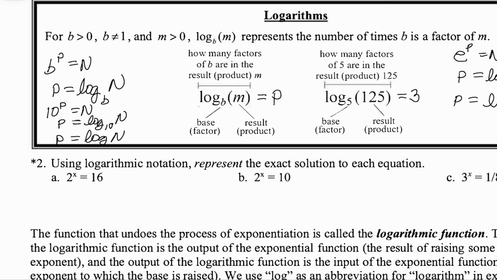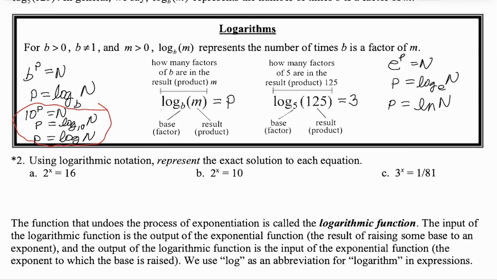You know how in a square root, we don't show that little index of 2? Because it's the most common type of radical we use. Well, in a base 10, because it is called a common log, it is the log we use most often.